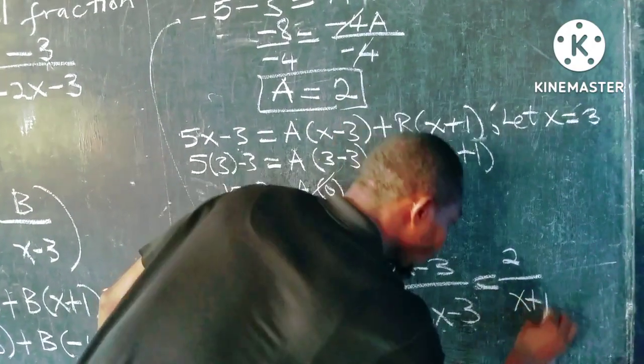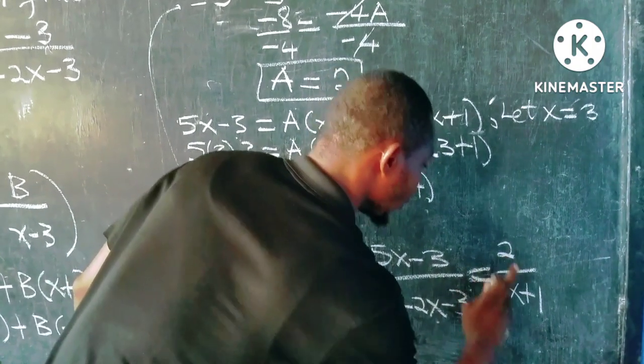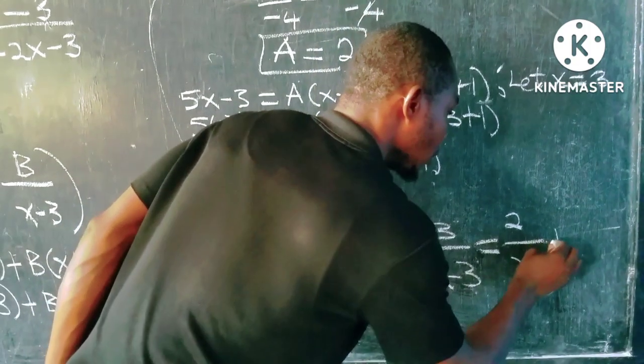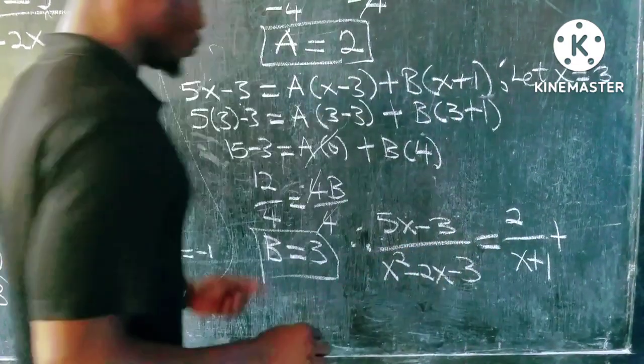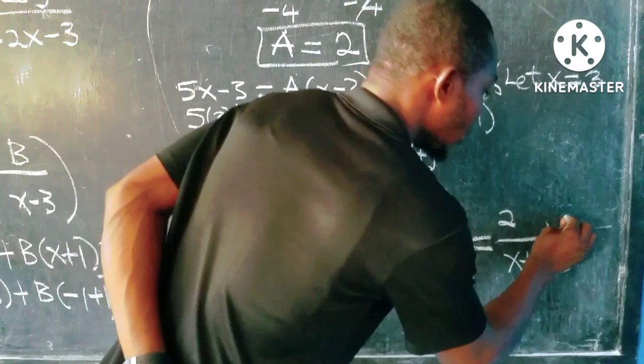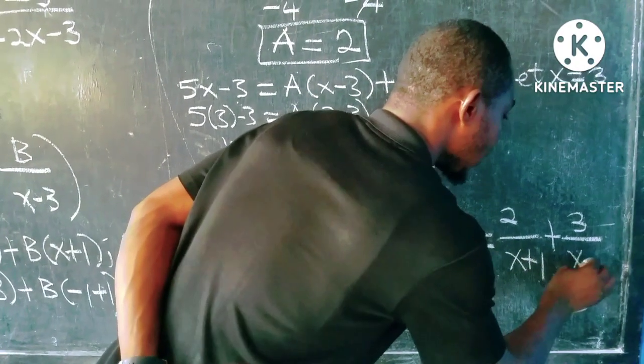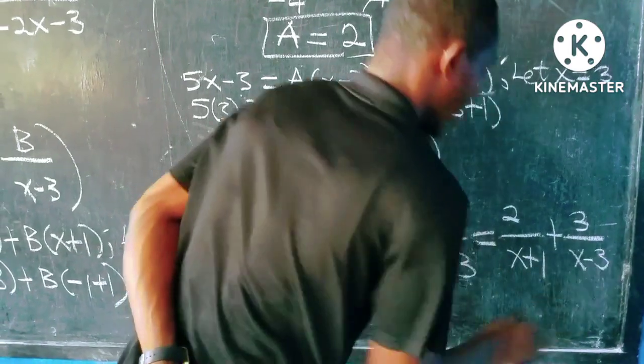Let's do it very efficiently so that you can see it clearly. Plus the value of B we just solved for, which is 3, divided by x minus 3.